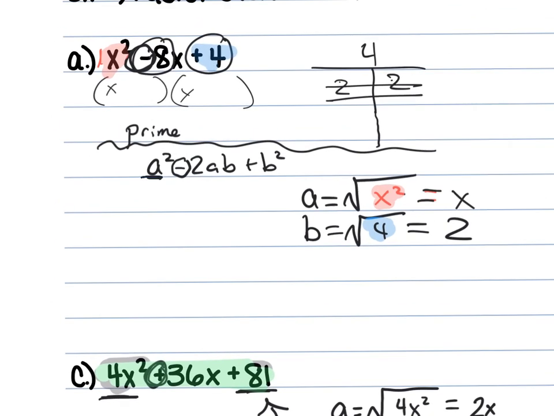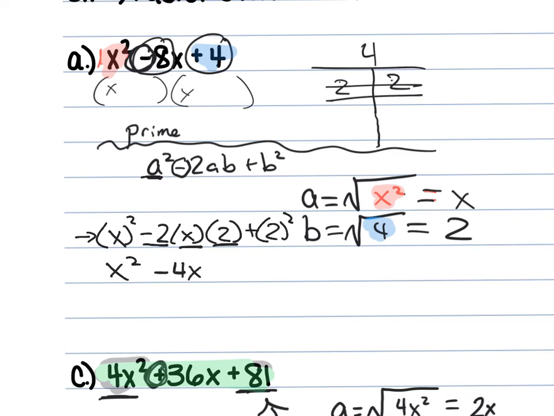So it says take a squared. Well, here is a squared minus 2 times a times b plus b squared. Well, what is x times x? X squared. And then what is -2 times x times 2? -4x. And then the last one, 2 squared?